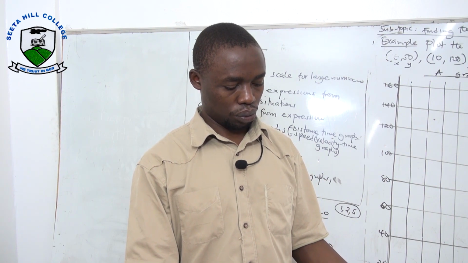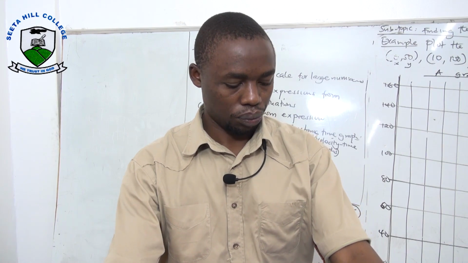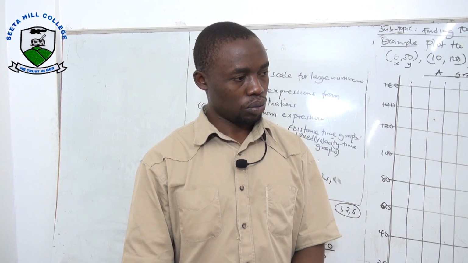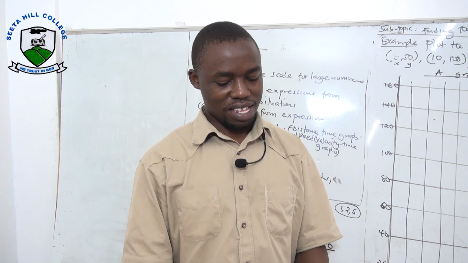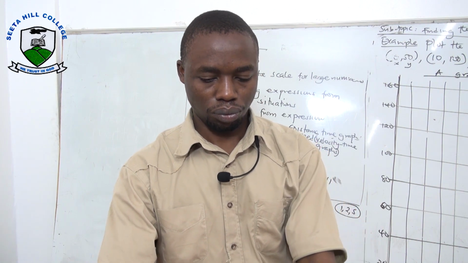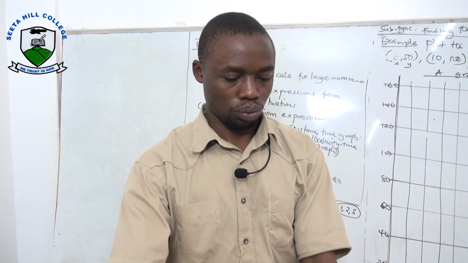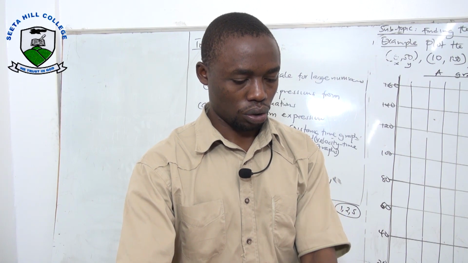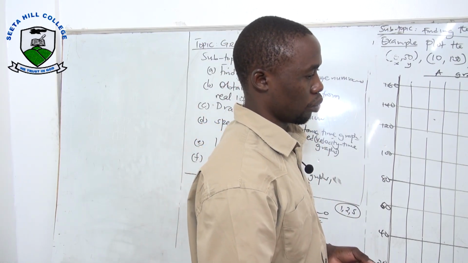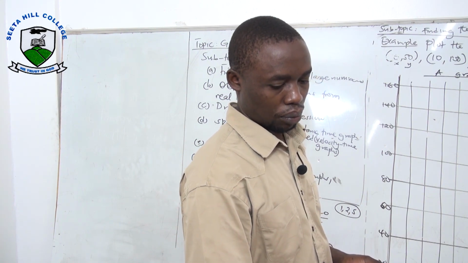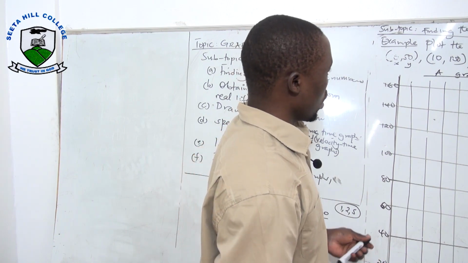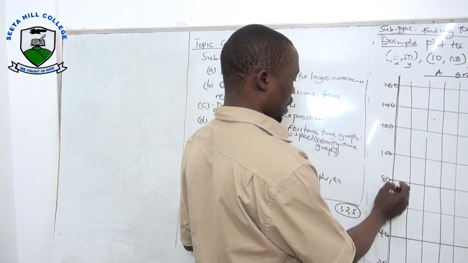That's very, very good. Have you plotted 0 against 50? 0 horizontally, 50 vertically, around the middle.